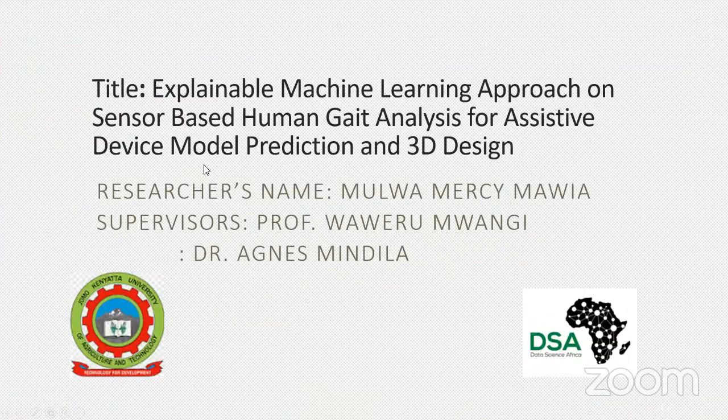Okay, so my name is Mercy Mawia Mulwa. I'm a student at Jomo Kenyatta University of Science and Technology, and I'm thankful to Data Science Africa for the funding that I'm receiving. My topic is explainable machine learning approach on sensor-based human gait analysis for assistive device model prediction and 3D design.